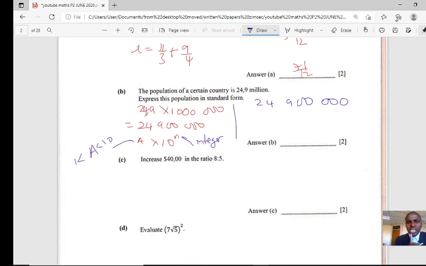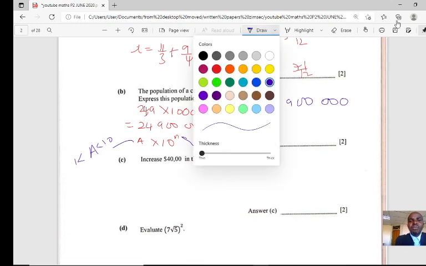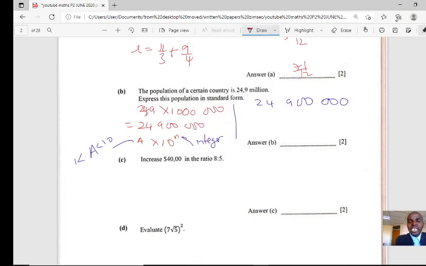Right? Since we said the number a must be between 1 and 10, for this number to be between 1 and 10, it means your decimal point is supposed to be between 2 and 4 here. So that it will be 2.49. So let me write 2.49. That's my a, times 10 to the power what? 10 to the power of the number of decimal places that your point would have moved.